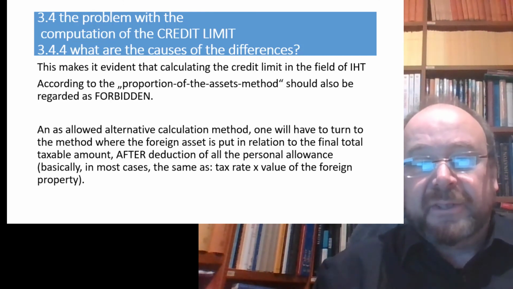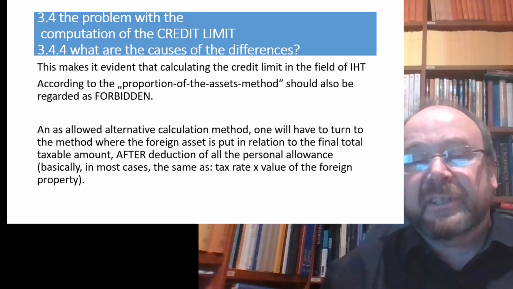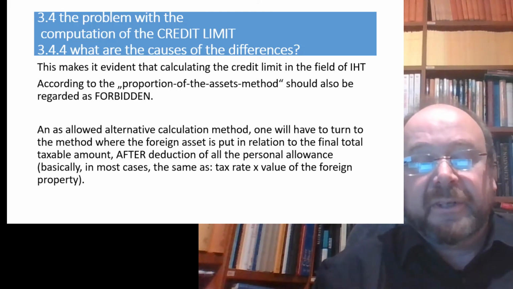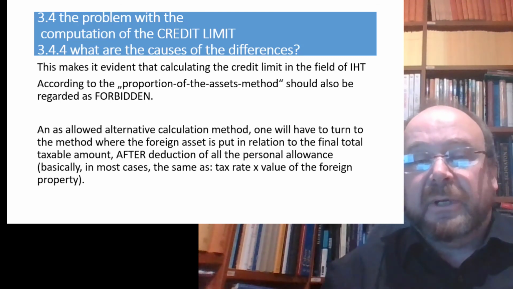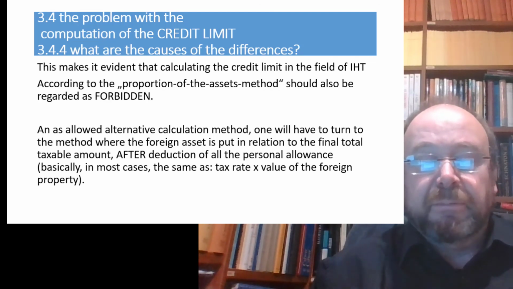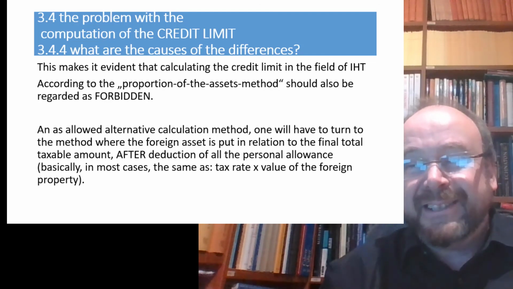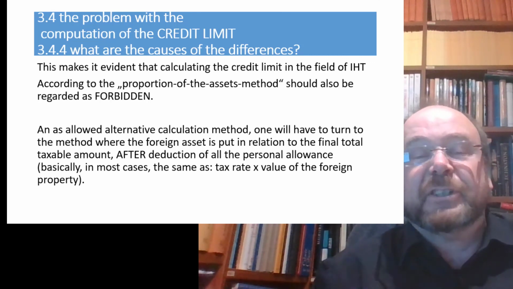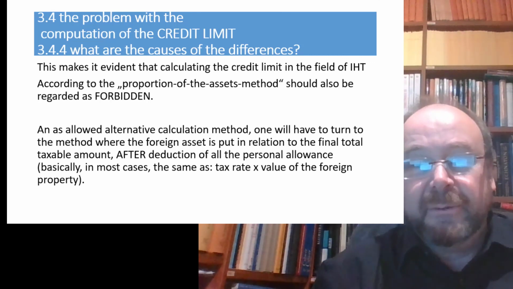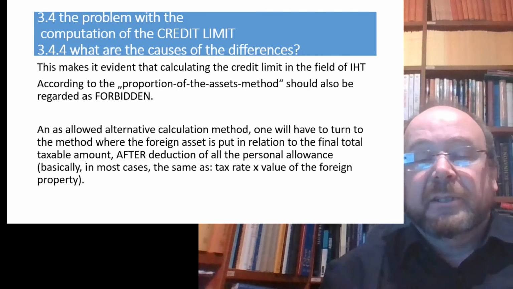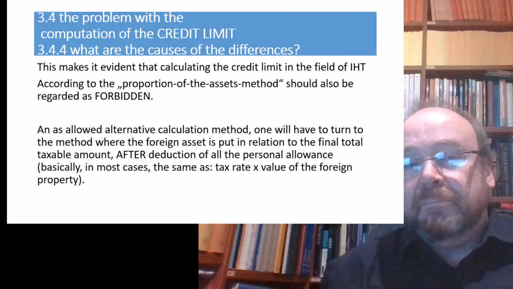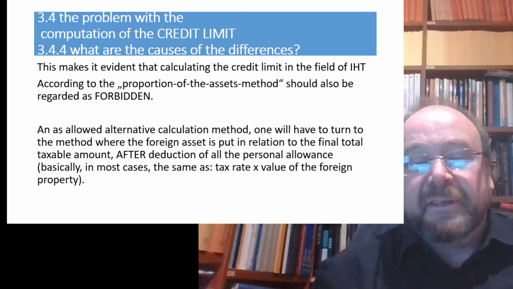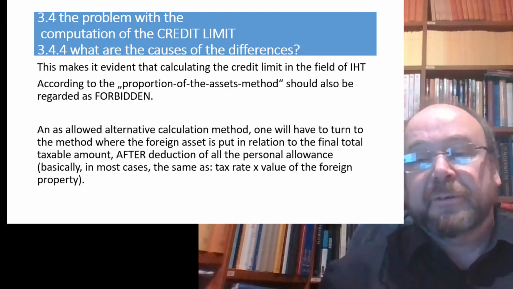You would also here probably have to take refuge in the alternative method, that you either take the ratio between the foreign asset and the total final tax base after deduction of personal allowances, so a smaller tax base, or the basically equivalent formula: tax rate times value of the foreign property.